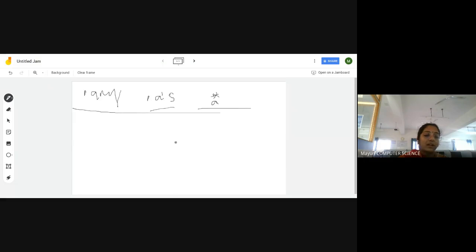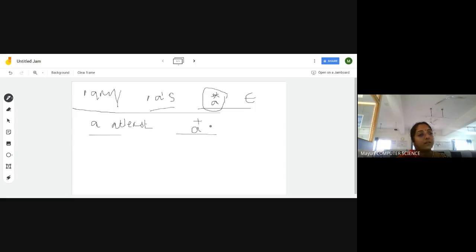The next one: the string consisting of at least one A. At least one A should be there. A star I cannot use, because A star will include epsilon also, right? Minimum one A should be there. What is it then? It is A plus.